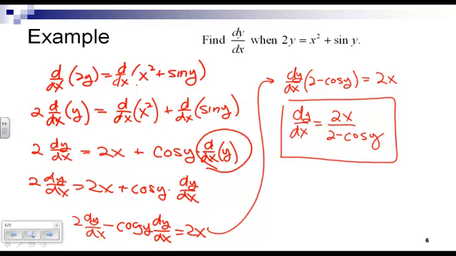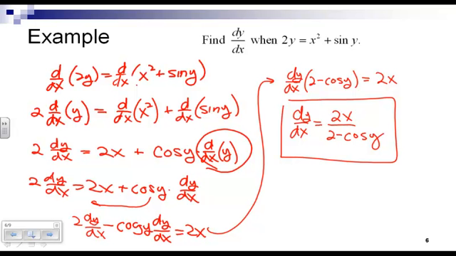Yes, Lucy. If we put negative 2x over negative 2 plus cosine y, that's the exact same answer, right? You got it. Let's just review that idea. Lucy, at some point in the process, instead of bringing cosine over here, you may have been tempted to bring this one on the other side.